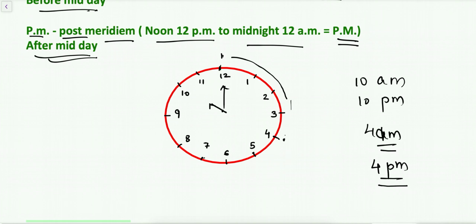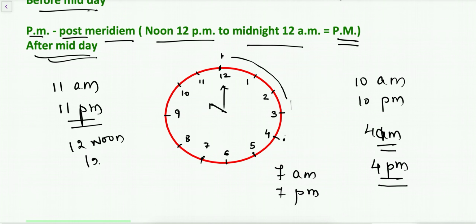Similarly, morning 7 o'clock will be 7 AM, and evening 7 o'clock will be 7 PM. 11 o'clock morning will be 11 AM, and 11 o'clock night will be 11 PM. Afternoon 12 o'clock will be 12 noon, or you can say 12 PM, and midnight 12 o'clock will be 12 AM.